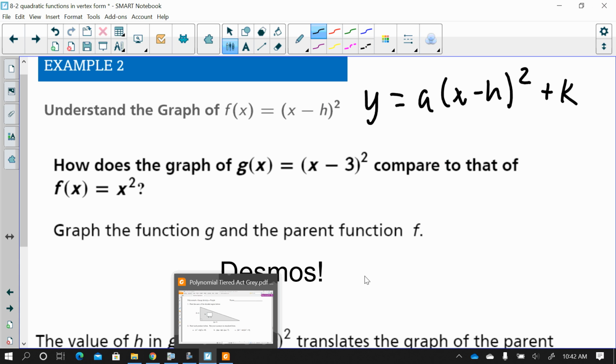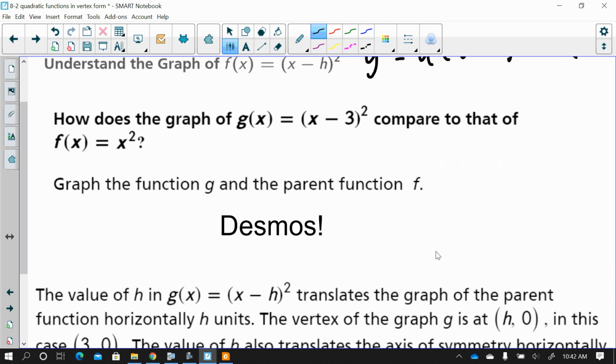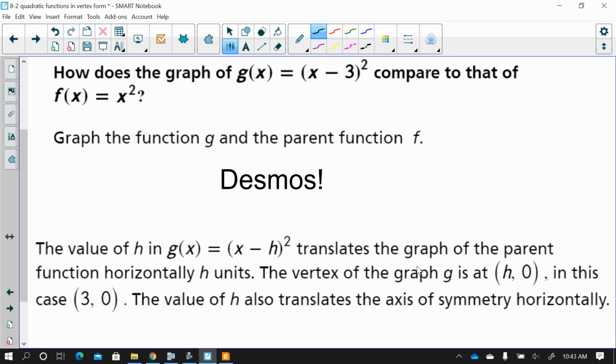Just like all of the other transformations we've talked about, when it's with the x, this is my horizontal translation. The value of h translates the graph of the parent function horizontally h units. The vertex of the graph g is at (h, 0). Again, it's always the opposite of what we see. The value of h also translates our axis of symmetry horizontally.